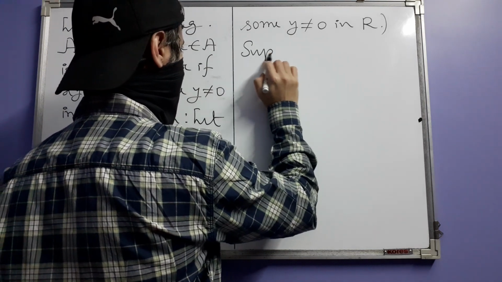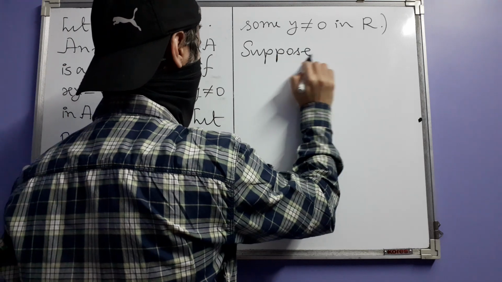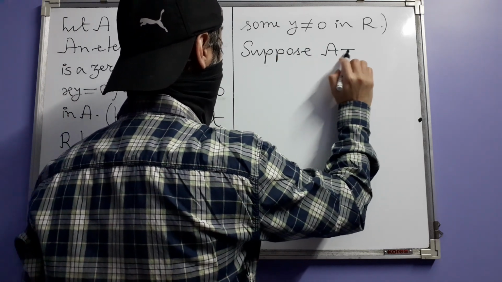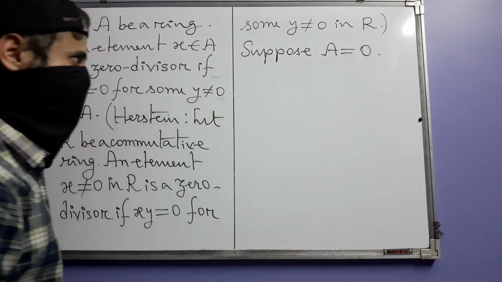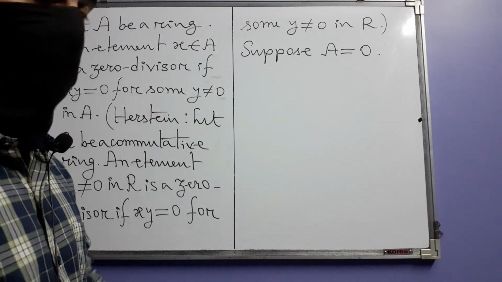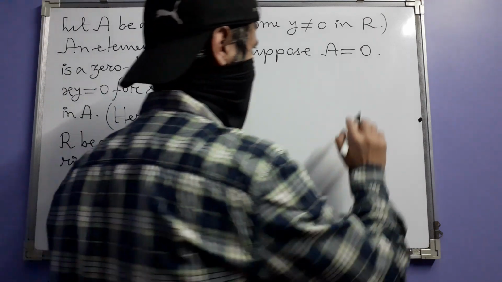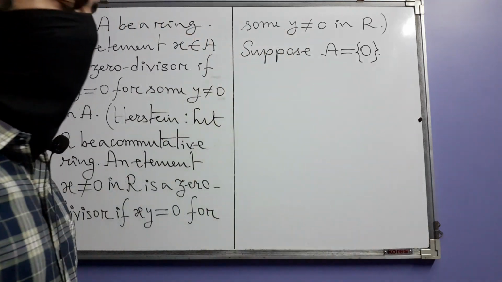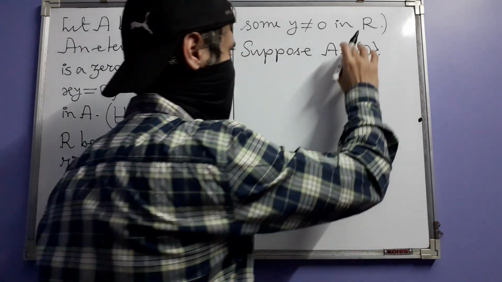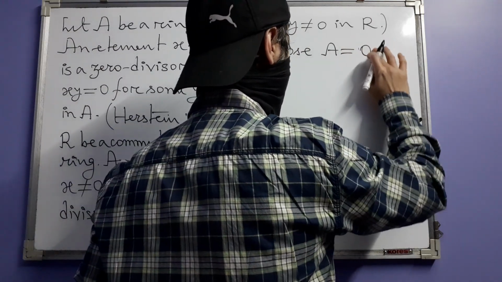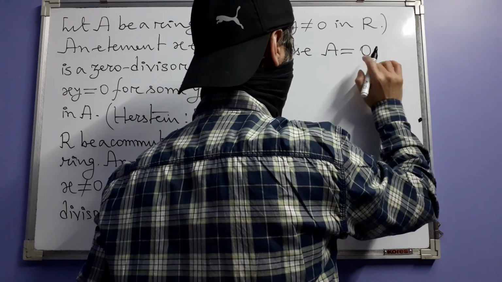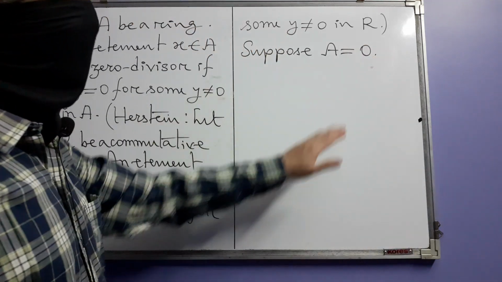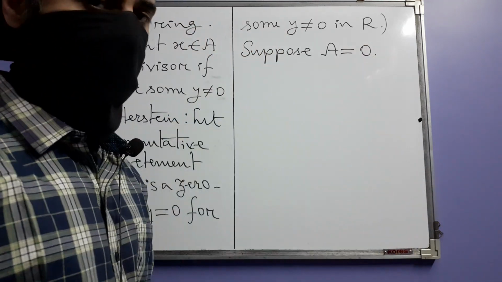Suppose A is equal to 0. A is the 0 ring. Do you remember that we already decided not to write like this, by abuse of notation? We will just simply write 0, and we mentioned that from the context we will understand what this 0 is.